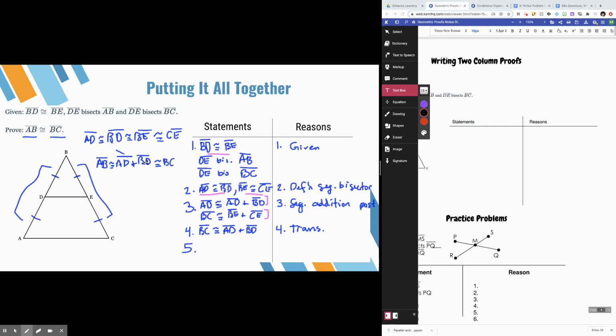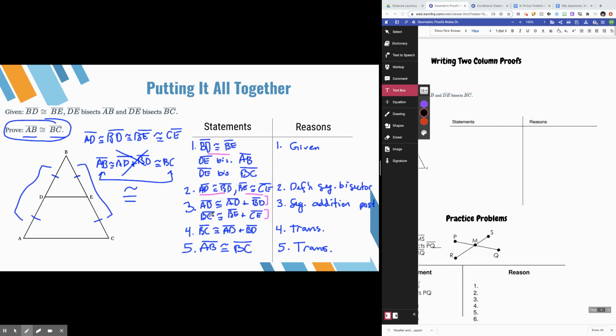So what I'm going to do is cut out the middleman and say that just these two on the ends are congruent, which they are. Okay, so we have AB is congruent to BC, which is exactly what I wanted, right? That's my end goal because that's my prove statement up here. Okay, so then my reason for that, again, is the transitive property.